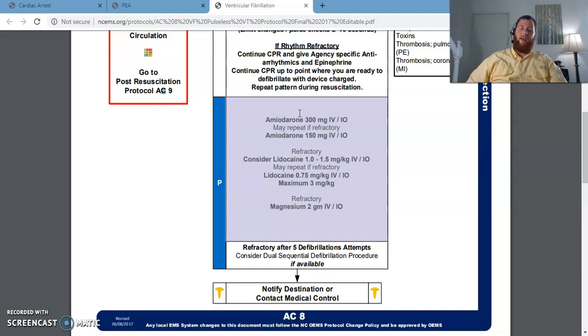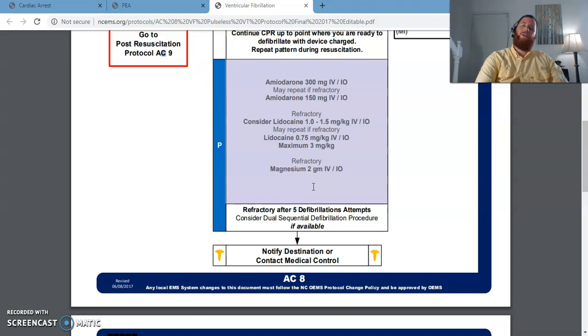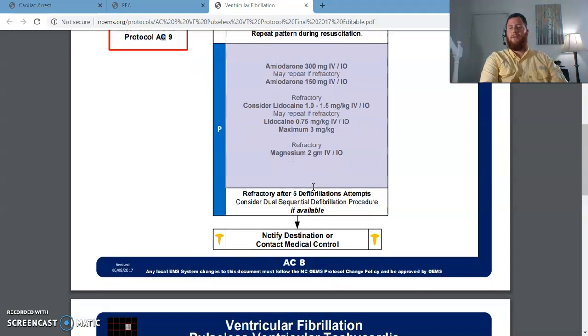All right. So a newer thing in the protocol is called dual sequential defibrillation. This entails defibrillating the patient with 2 separate cardiac monitors, one right after the other. For the first monitor, I put the pads in the normal place, one on the upper right anterior chest and one at midline, probably the 5th intercostal space on the left side.